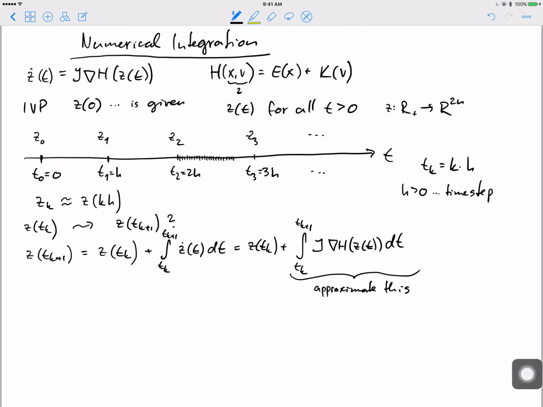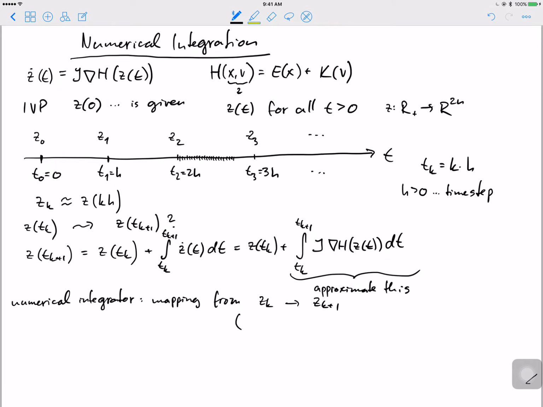The other way you can look at a numerical integrator is as a function, a mapping from zk to zk plus 1.